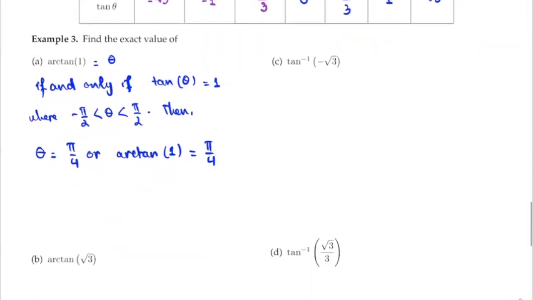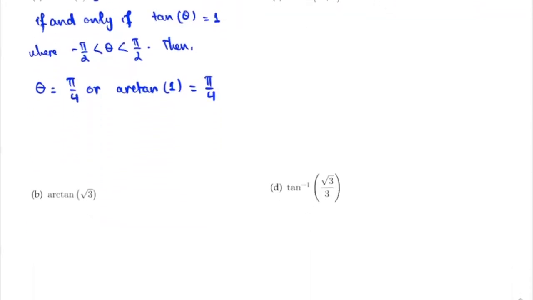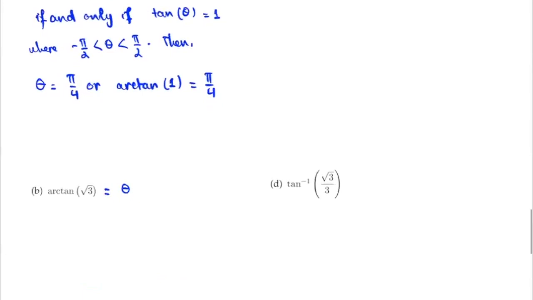Now for part B, you're looking for inverse tangent of root 3. We're looking for the angle theta such that, if and only if, tangent of theta is equal to root 3.